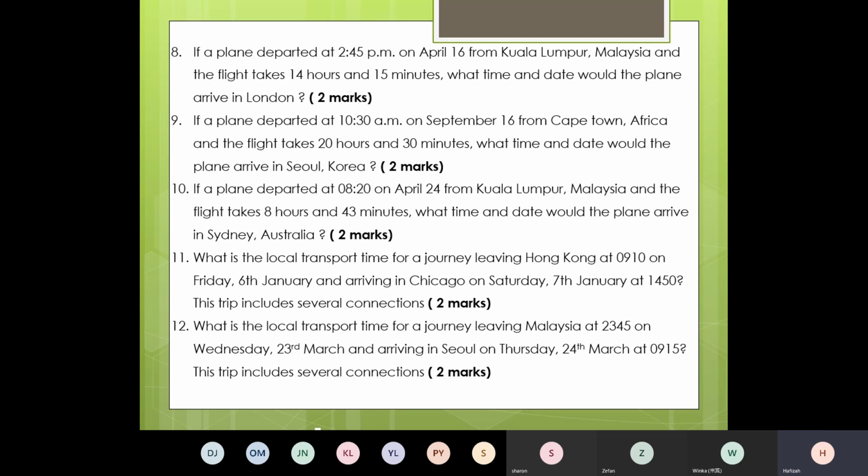So that's why first you need to make them at the same GMT. So the time will be the same, and after that, arrival minus departure. Okay, all get the answer or not?